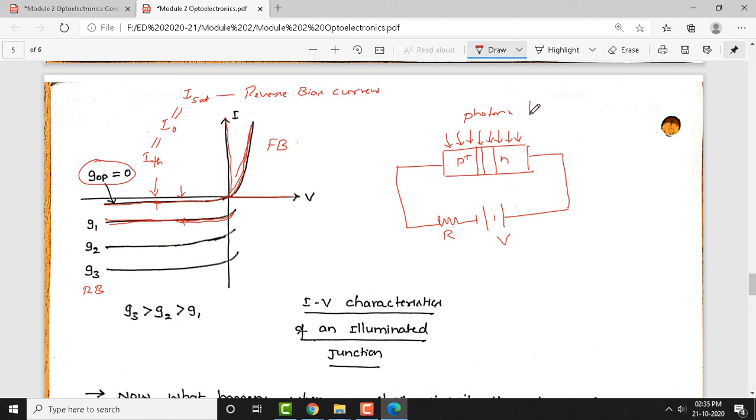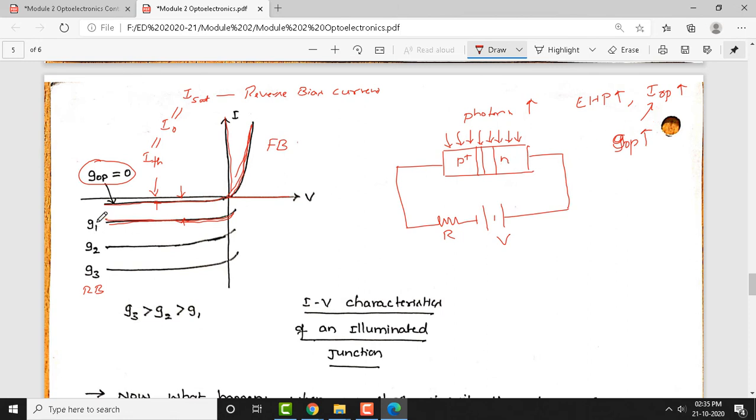Further, if you increase the number of photons interacting with this PN junction, the generation rate keeps increasing, and more and more electron hole pairs are generated. If the number of photons interacting with this junction increases, EHPs increase, and therefore the optical current also increases. The main reason for this increase is optical generation, GOP.